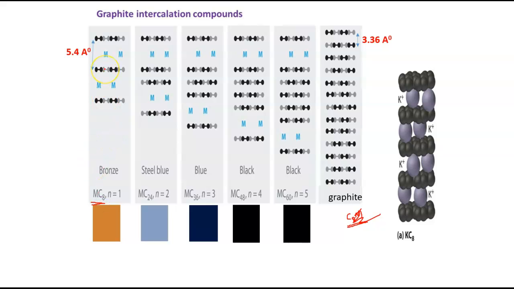In this one, the metal, which can be potassium, rubidium or cesium, is incorporated within two layers of graphite. Within each gap you will have the metal layer incorporated.